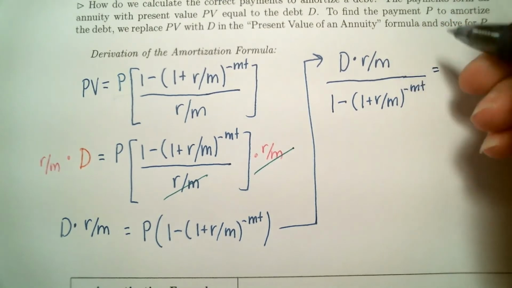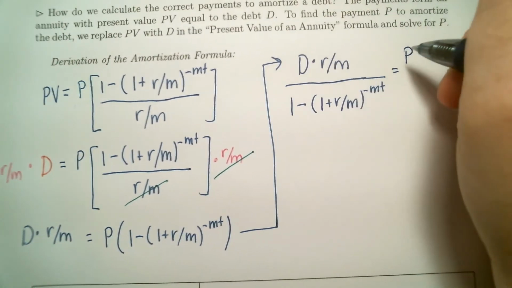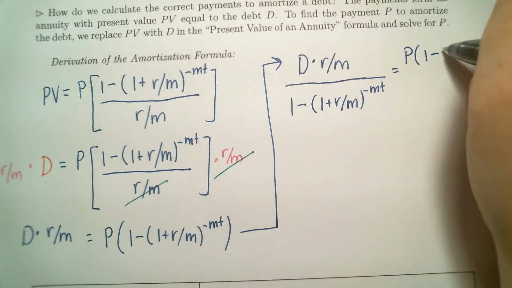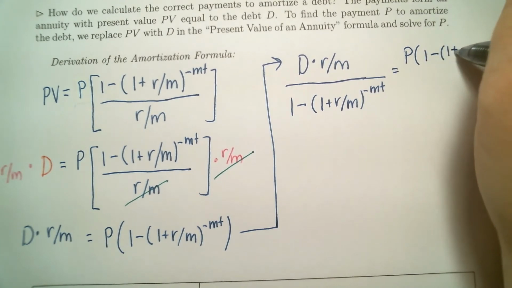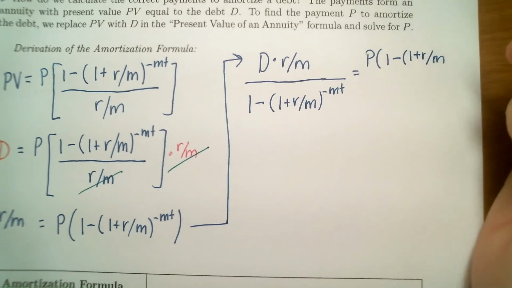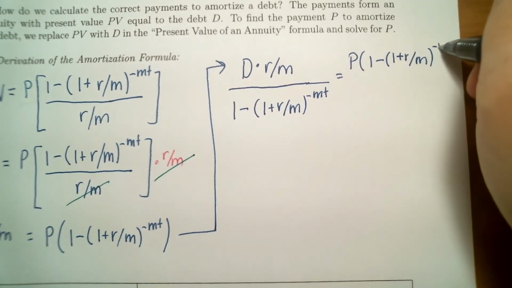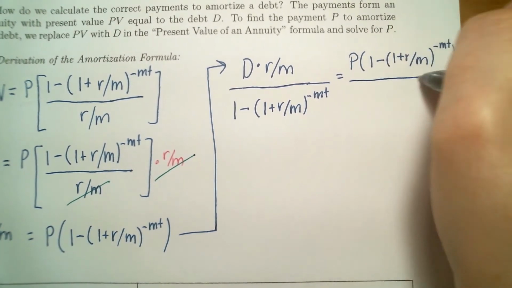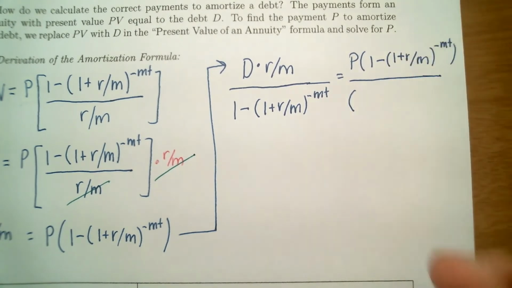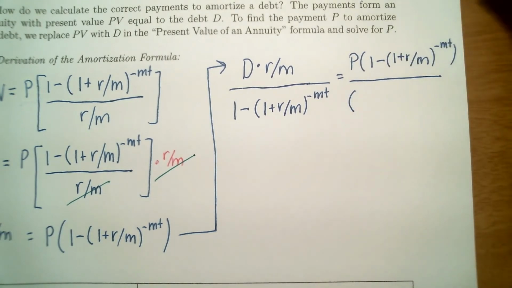And on the right side, you already have P times all of this stuff, and you would have to divide it off to get P by itself.